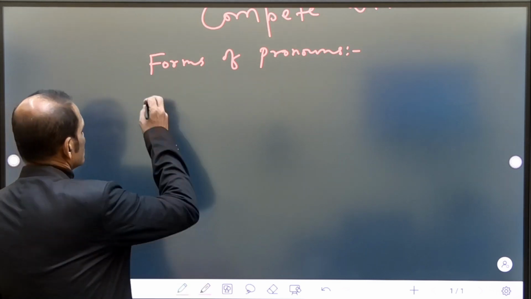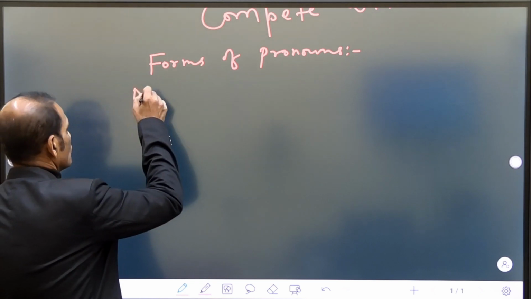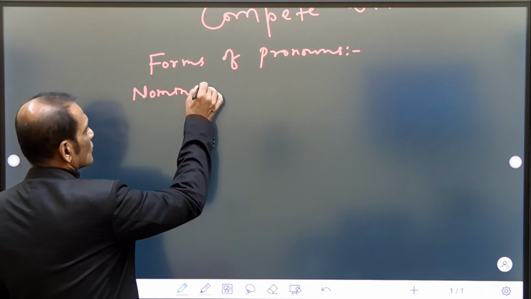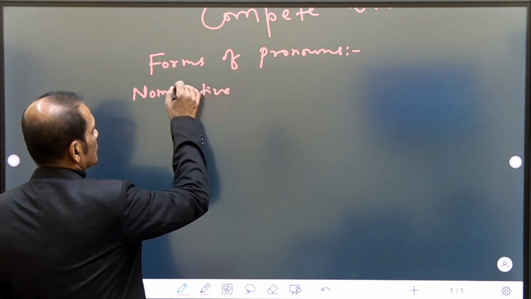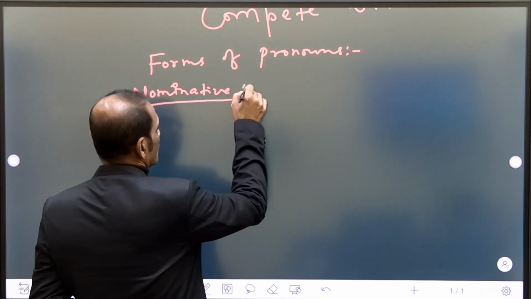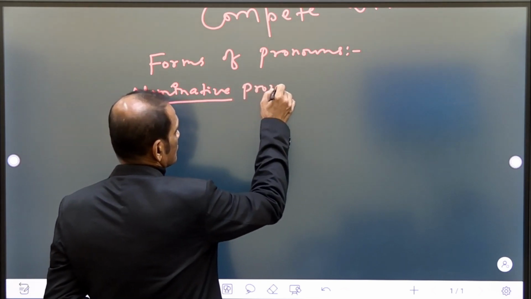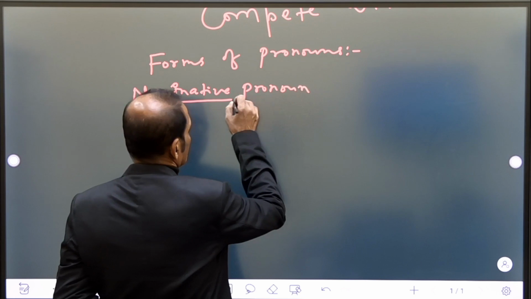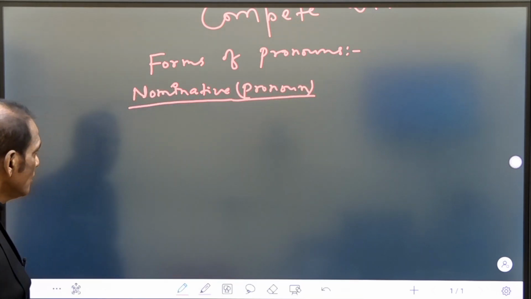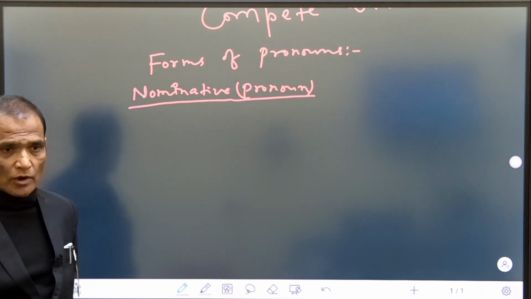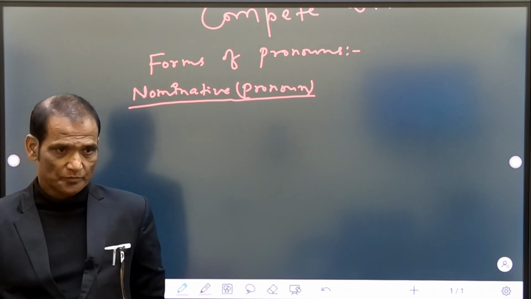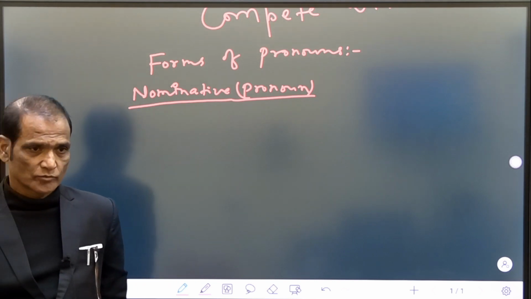So, very first, the first form is nominative. The nominative form of pronoun is the pronoun that is used to nominate somebody or something. How is it used?